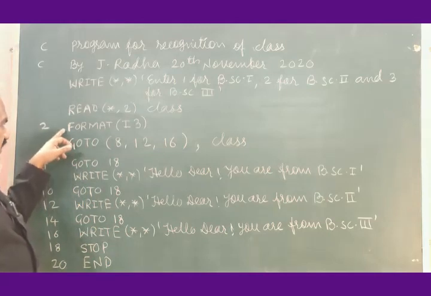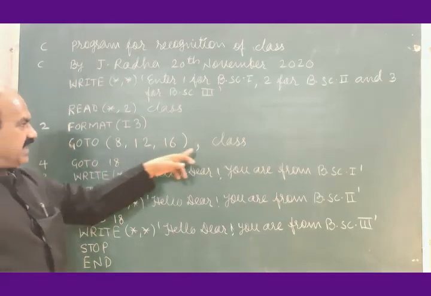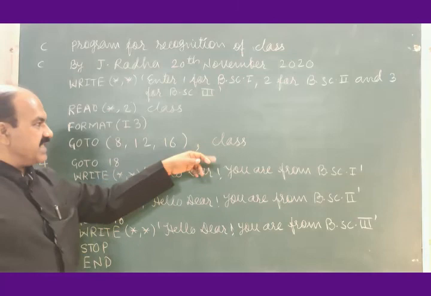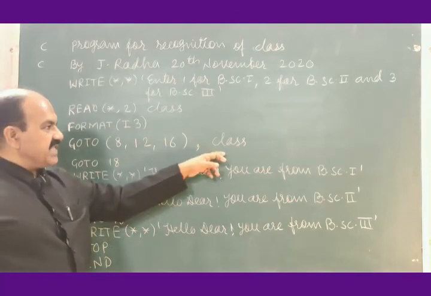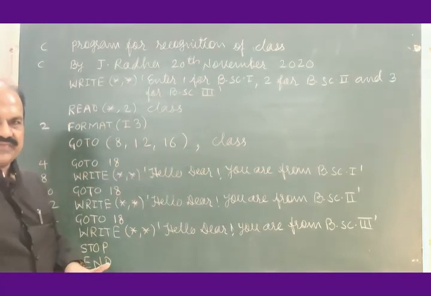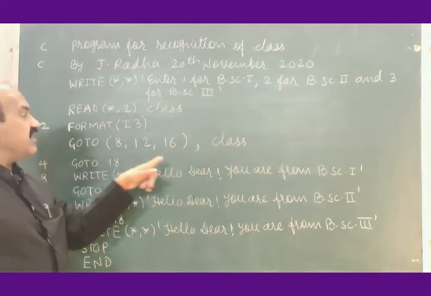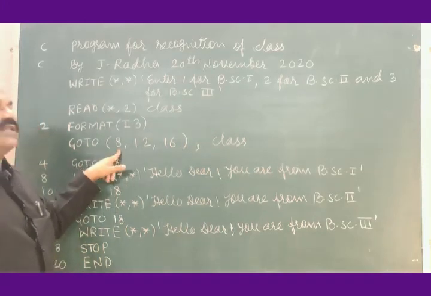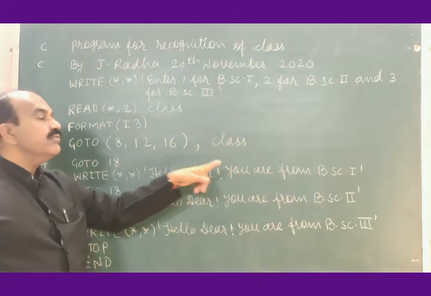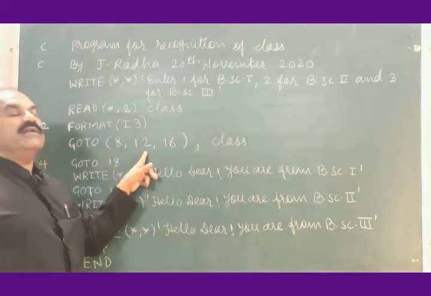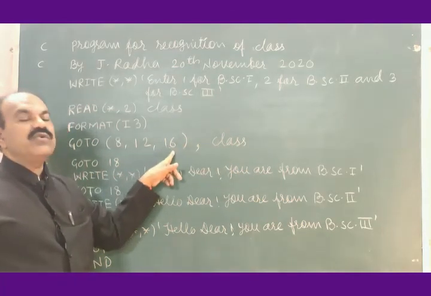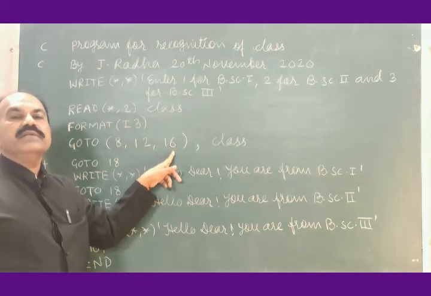The control will come to this, because class is not 1, not going to this; class is not 2, not going to this; class is not 3, not going to this. If class is equal to 1, control will be transferred to this statement. If class is equal to 2, control will be transferred to this statement. If class is equal to 3, control will be transferred to this statement.